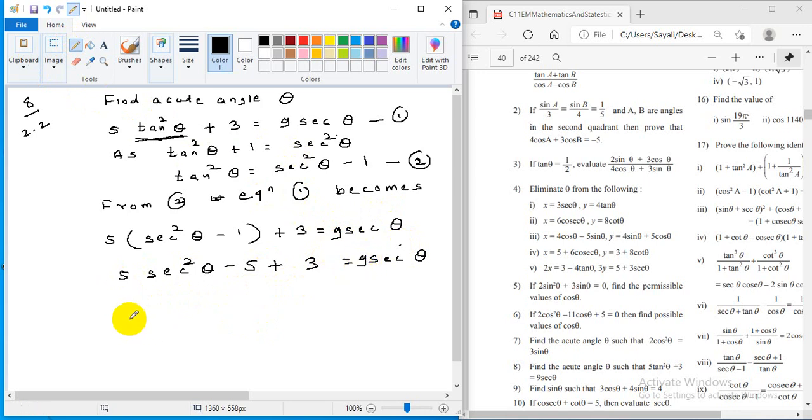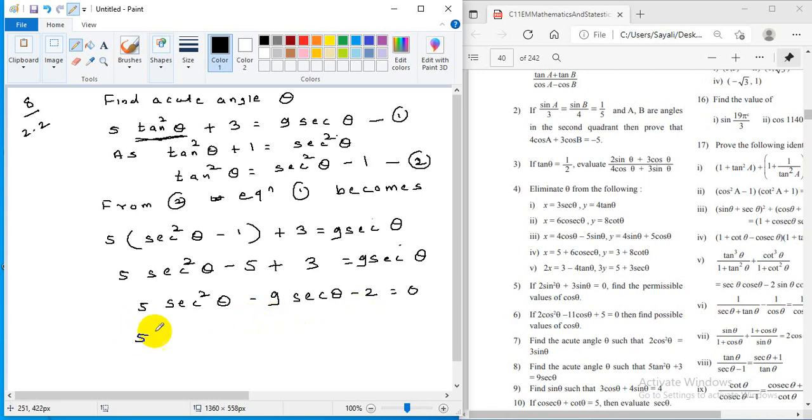it should be 9 sec theta. Okay, so now it is 5 sec squared theta, then this 9 sec theta you can bring on the left hand side, so minus 9 sec theta, and minus 5 plus 3 becomes minus 2, is equal to 0. Now you have to factorize this. 5 into minus 2 is minus 10, and the sum should be minus 9.